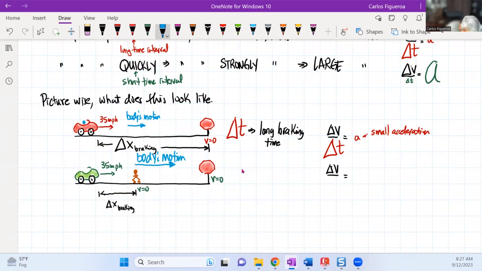We forgot to put the driver of the car, right? We need people to drive cars. So now what we're seeing here is that this time interval is a short braking time. So now when I look at this acceleration, we're seeing that this time is small, and something small in the denominator gives me a large acceleration.